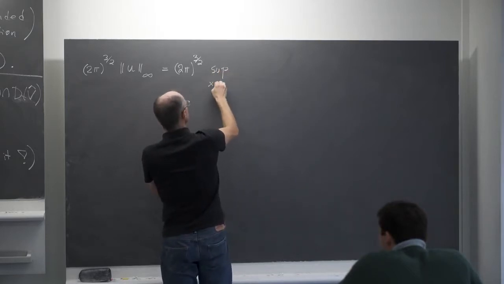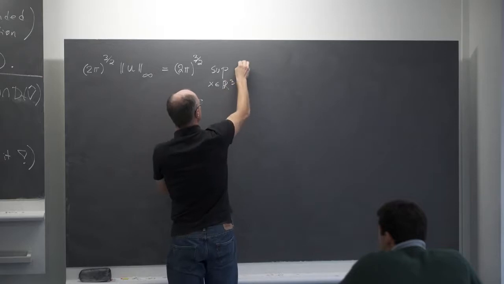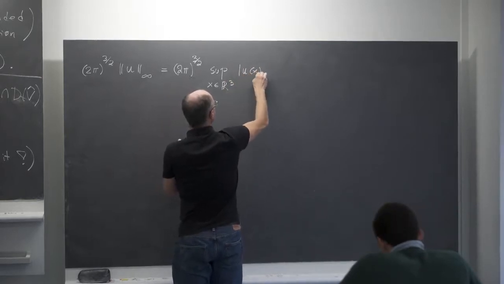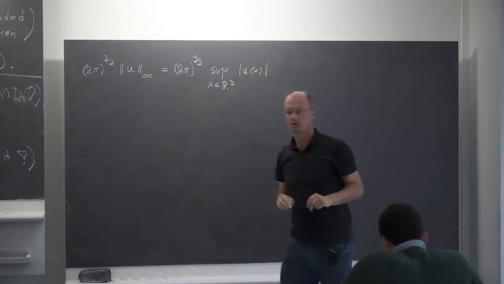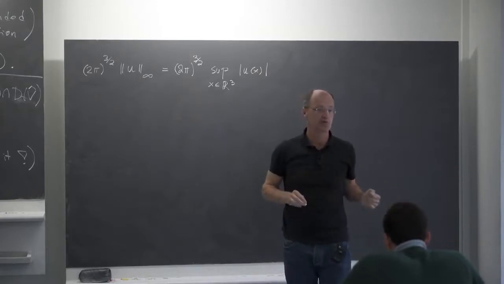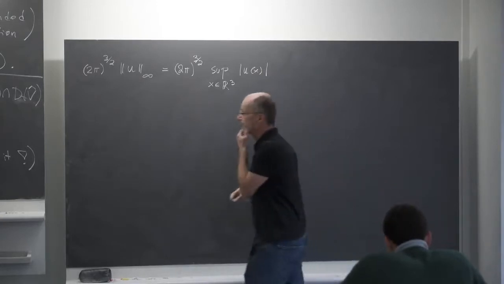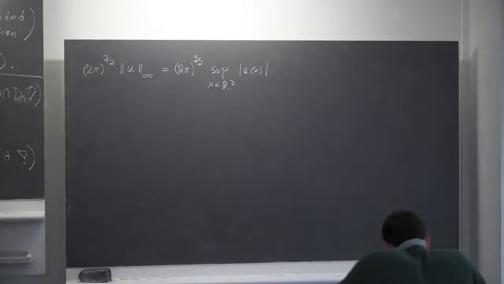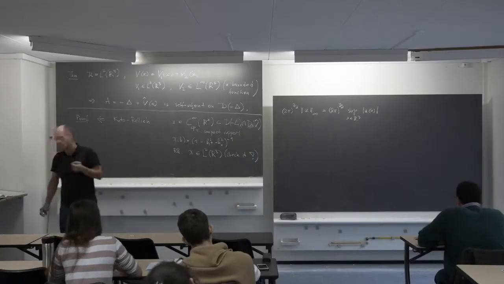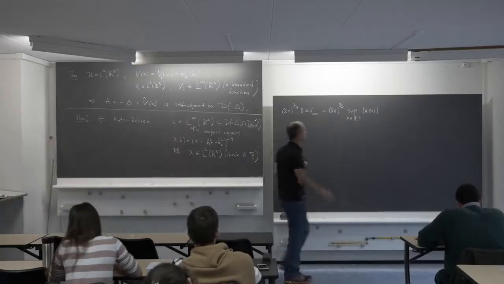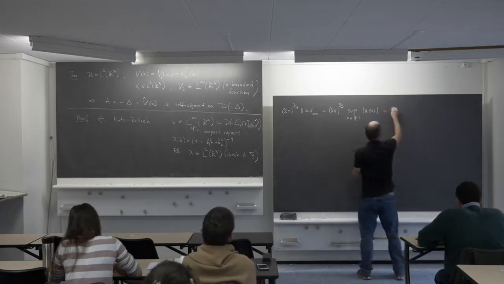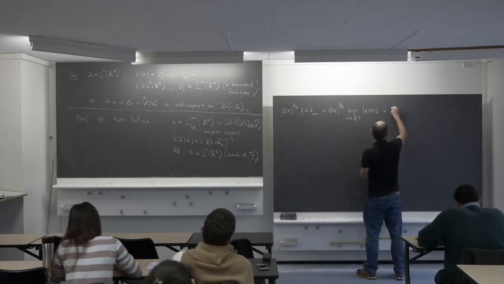So that's the supremum over R3 of the absolute value of u of x. I can now rewrite it using the inverse Fourier transform.